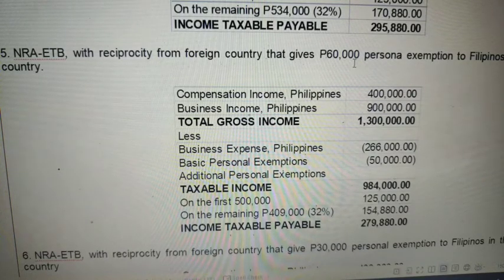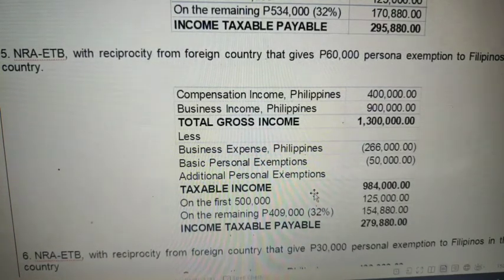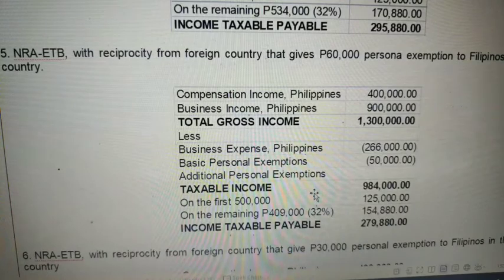Bakit hindi natin ginamit yung 60,000 na binigay na reciprocity ng foreign countries? It is because here in the Philippines, ang ating basic personal exemption is 50,000 lang talaga. So, from the 60,000, ang gagamitin lang is the 50,000. So, mag-abide tayo sa law ng ating taxation dito sa Pilipinas. And then, the same process goes with getting the taxes.